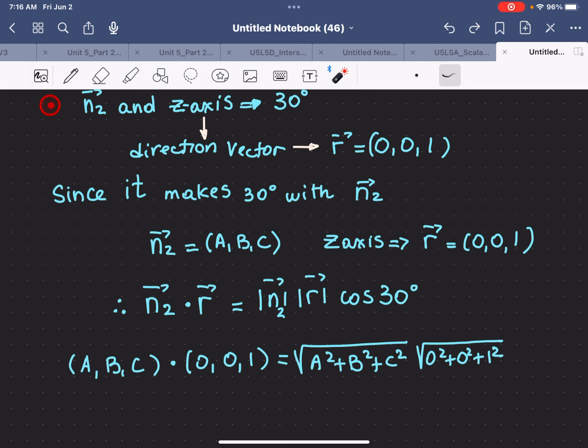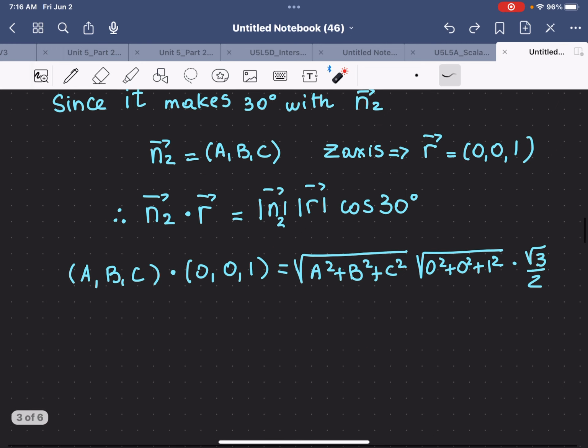And we don't really have to go down this path because we chose a unit vector on the z-axis, which means that its length will be equal to 1, but I just added this for clarity. And then cosine of 30 degrees is equal to square root of 3 over 2. It's a special angle. So let's start multiplying these two algebraic vectors, see what we get.